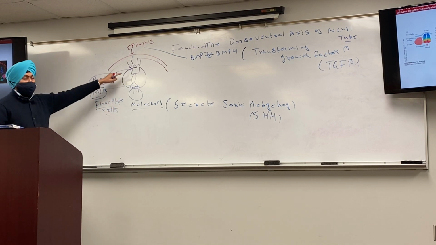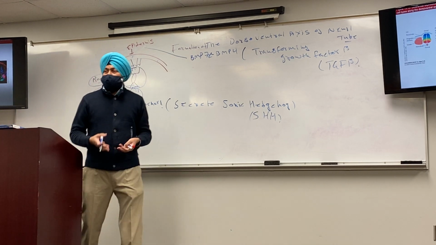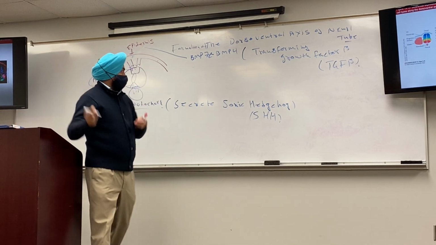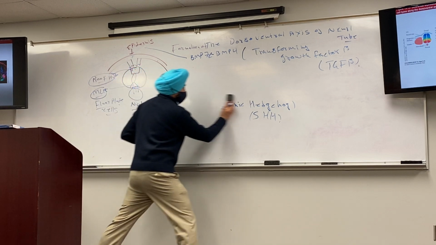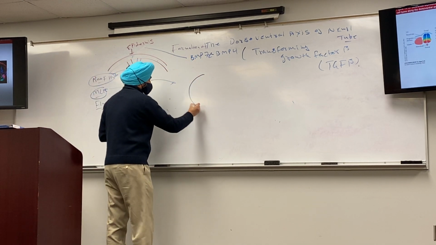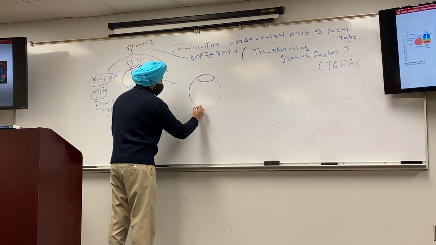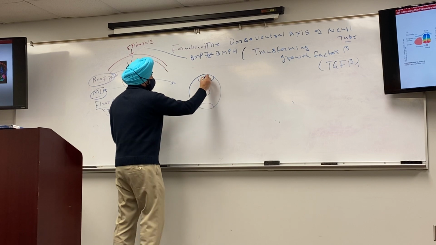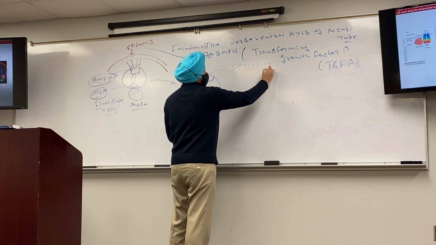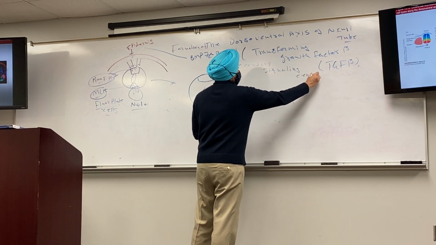So these cells of the roof plate and the floor plate actually start acting as secondary signaling centers. Okay, so because of this, a lot of sonic hedgehog coming here, these cells right here and these cells here become secondary signaling centers.